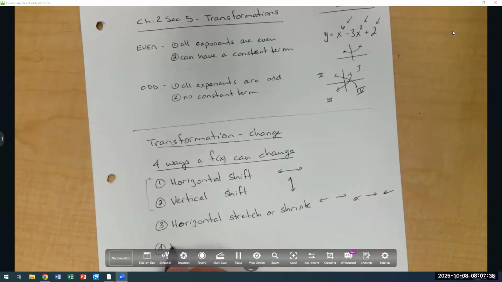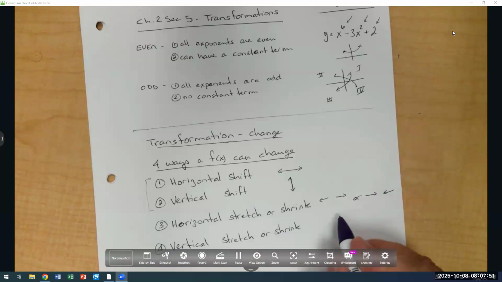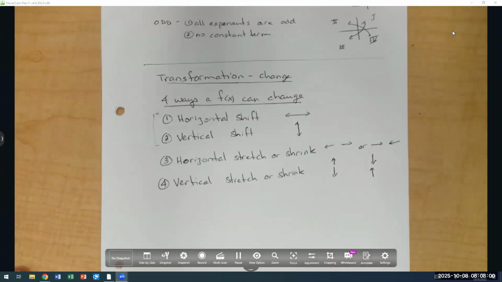And the last one, we have the vertical stretch or the vertical shrink. Meaning it can go up and down, or it could be squished together. Those are the four possible changes that can occur in a function. And they can happen all at the same time in some form or another.